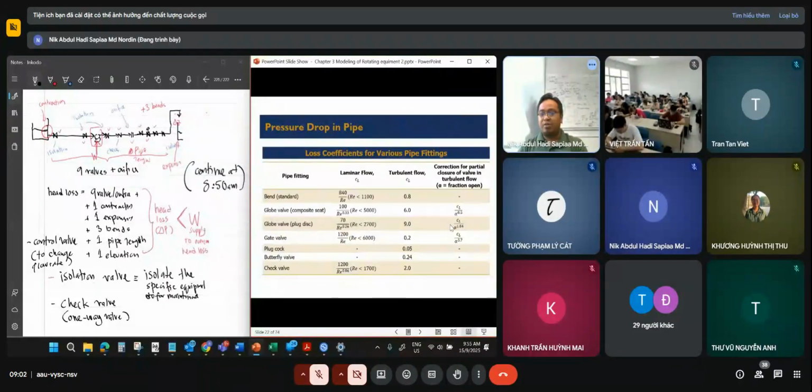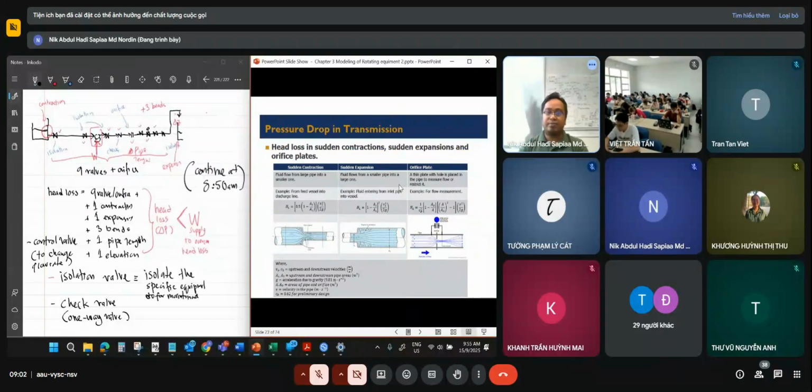For plug, we have the opening to the power of 1.84. And we also have the gate valve, all of this equation. Later, we need to go back to this table in order to identify the loss coefficient. So we take consideration of this pipe length together with this bend and the valve and also the orifice.